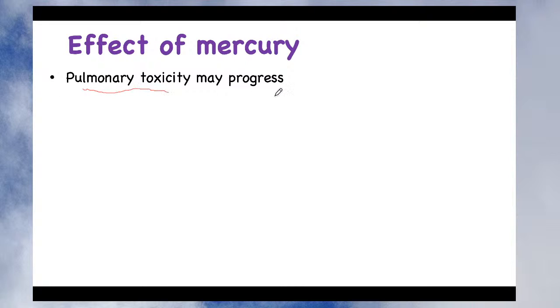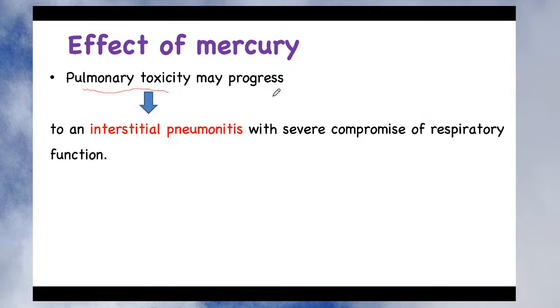So this pulmonary toxicity at an initial stage may progress into interstitial pneumonitis. What do you mean by pneumonitis? If there is inflammation in the pulmonary alveoli, and this inflammation reduces the capacity of your alveoli to accommodate air, this is called interstitial pneumonitis.